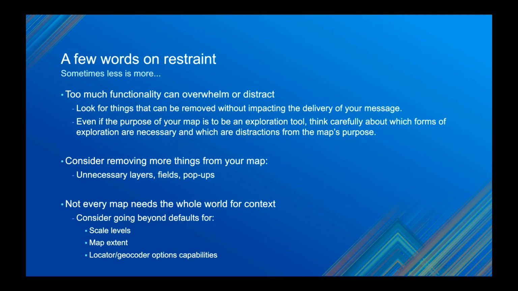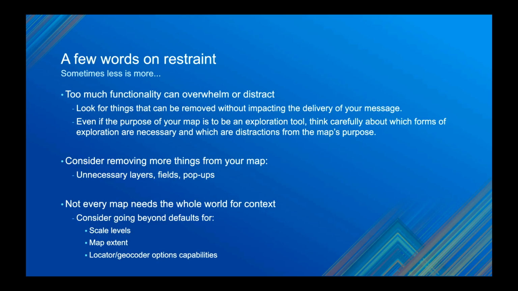And I title this a few words on restraint. We've seen in usability studies over the years that if a person's a little more tentative, they get overwhelmed by too many tools. If someone's a little bit more engaged, they can get distracted by too many tools. So try to look for things that fit the purpose of your map and really don't deliver much beyond that.